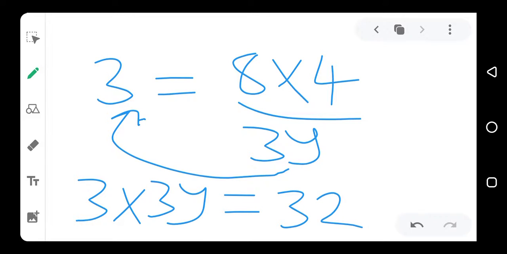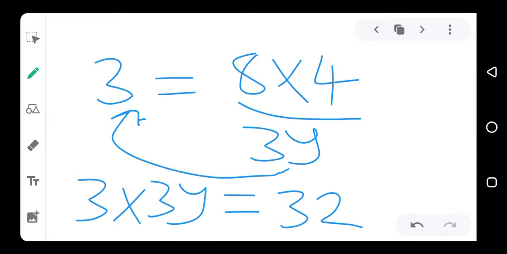So we have 3 times 3y is equal to 9y. So 9y is equal to 32.